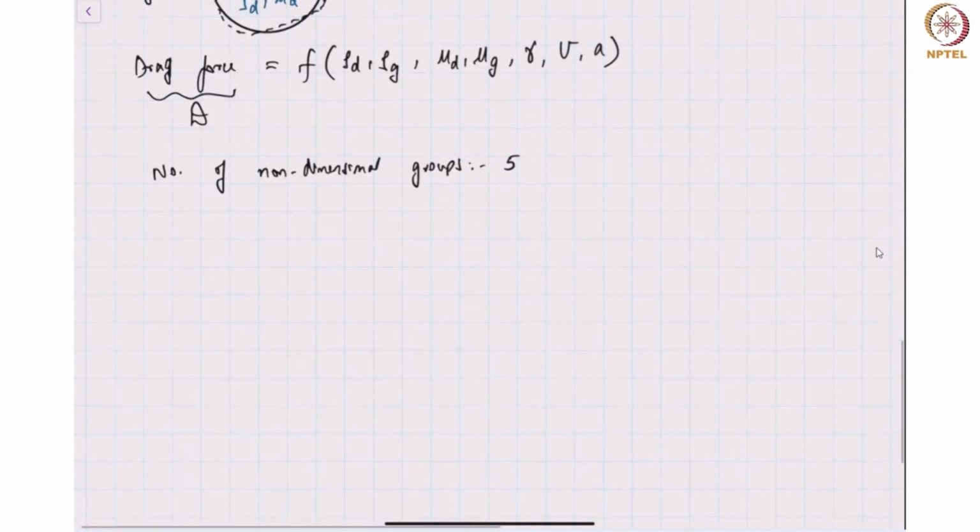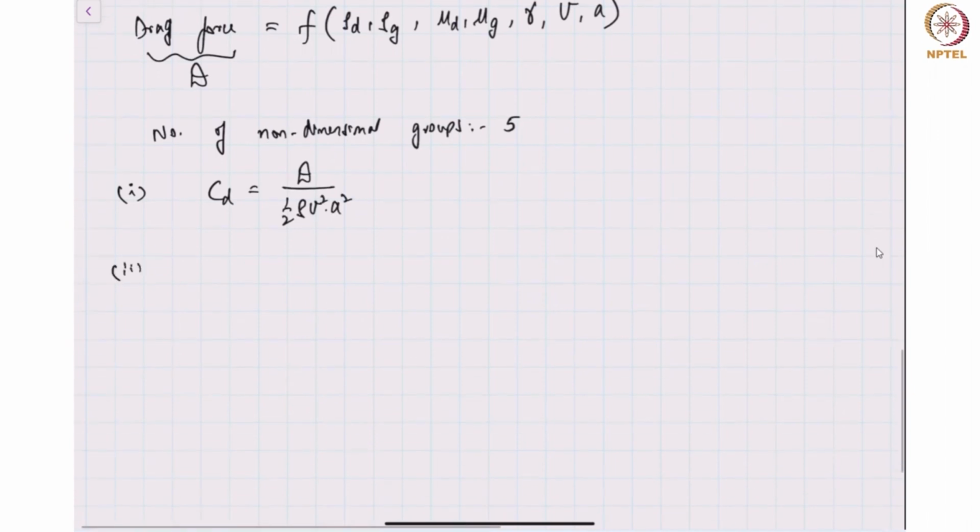Now I can straight away guess a few non-dimensional groups. I could think of, let's say, a drag coefficient, which would be something like the drag over half rho u square times a square.